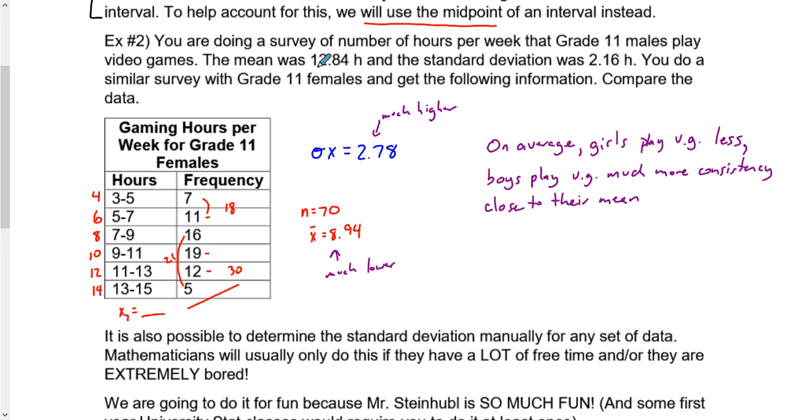So meaning still, boys are playing more on average, and they're much more consistently around this number compared to girls being much less close to this one. And there we go.